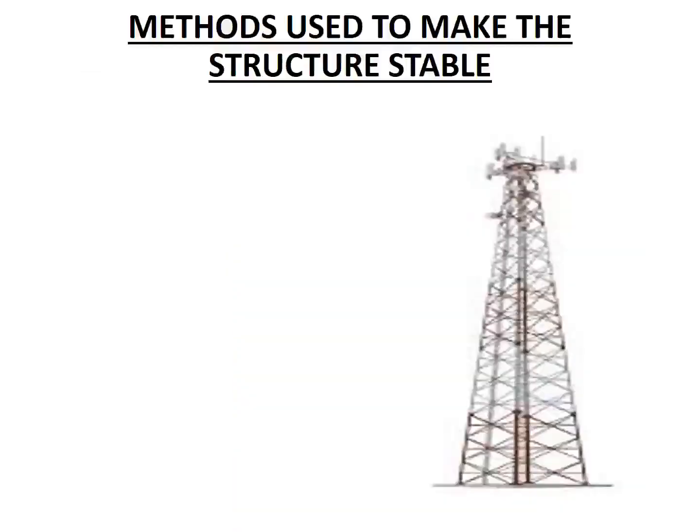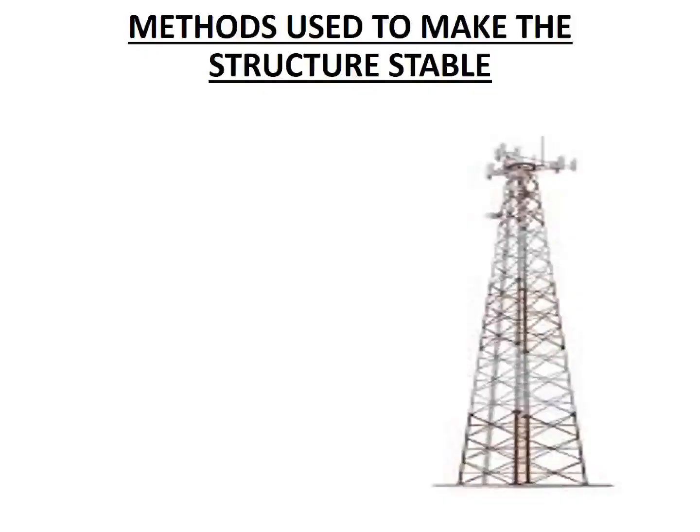Now, we get to the methods that are used to make the structure very stable. You'd recall, if the structure is not stable, it's easily blown away by wind, it can bend. So we need it to be stable and grounded so that it does not collapse. What are the methods employed here?